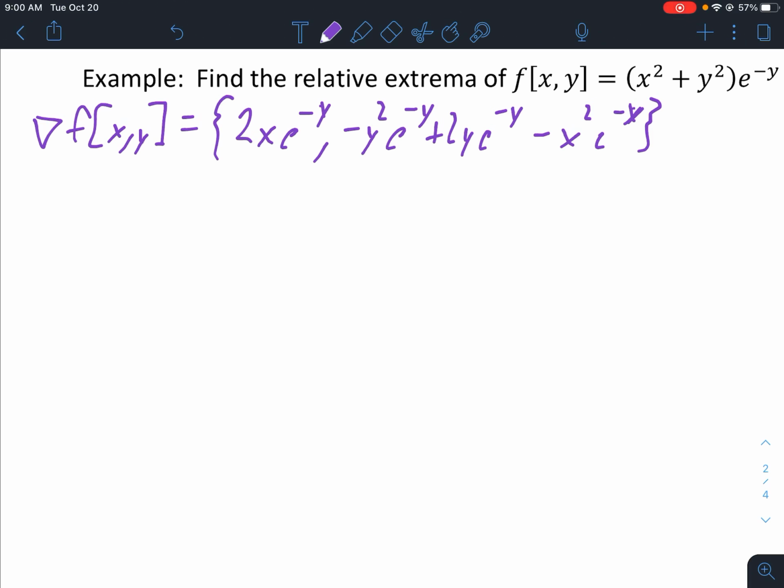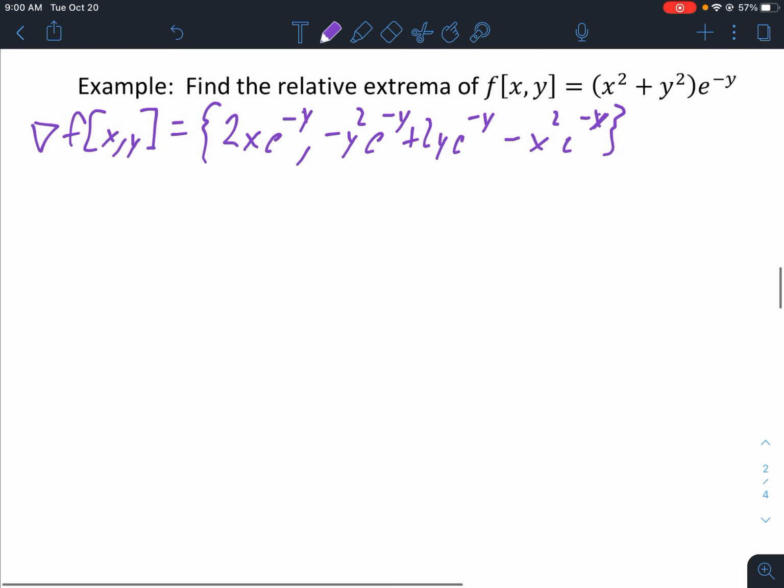So there's my gradient. So we're going to set this equal to 0.